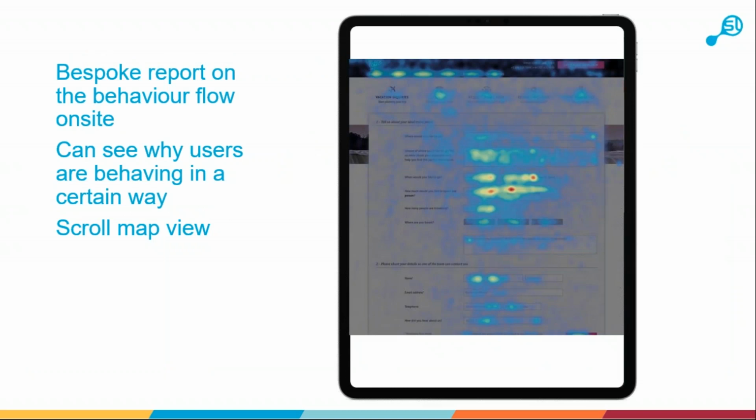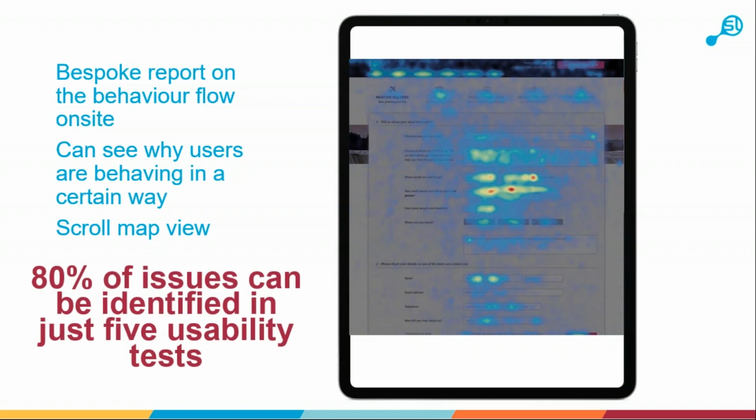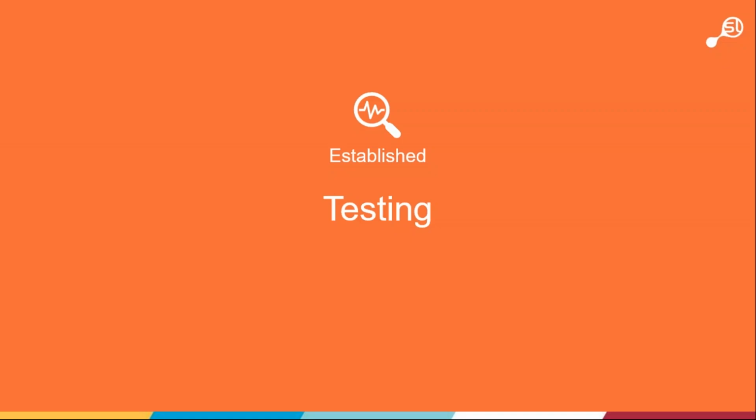So using these, we can identify the customer drop-offs and create a bespoke report on the behavior flow. And Dan Jones, who is our head of CRO here at Search Laboratory, is adamant that 80% of issues can be identified in just 5 usability tests, and that can then form your strategy for the future.